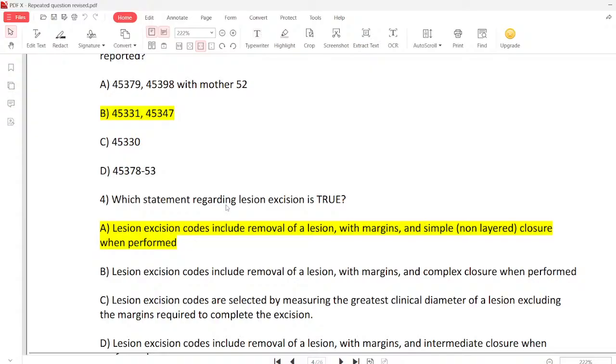Okay. Lesion excision code includes removal of a lesion with margins and simple or non-layered closure when performed. This is the right, the true statement. Others are wrong, because here they have mentioned removal of a lesion, margins also, and simple closure when performed. Option B is saying complex closure when performed.